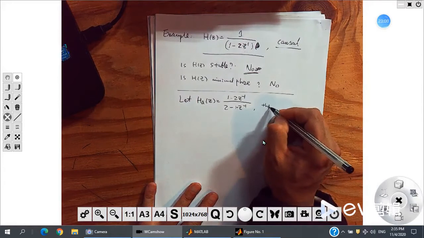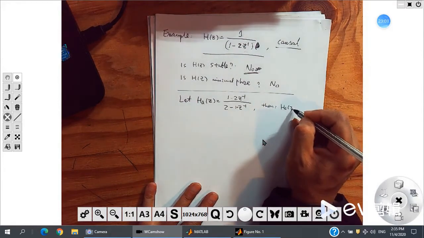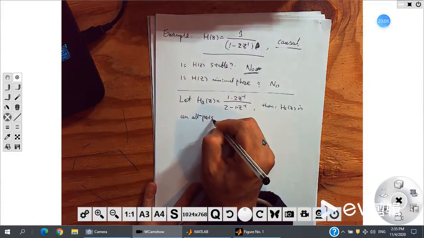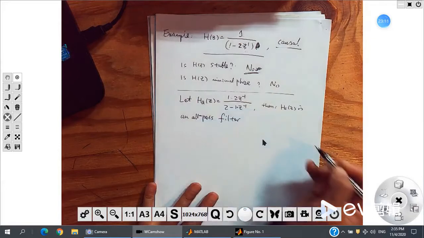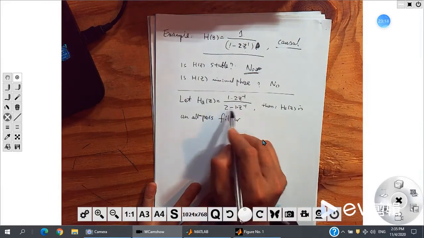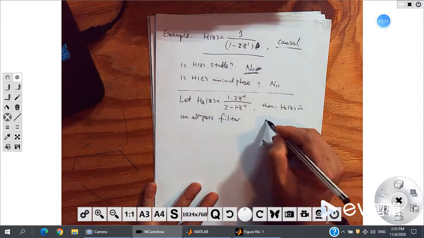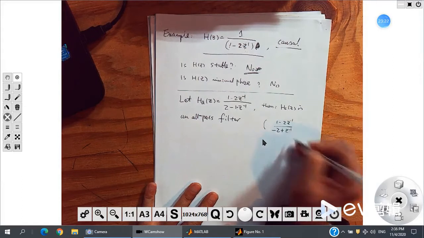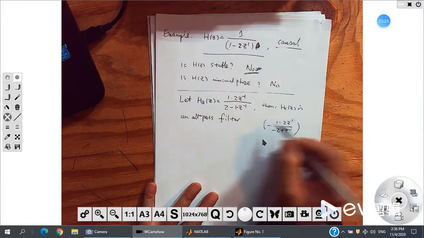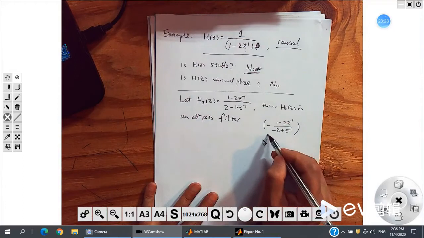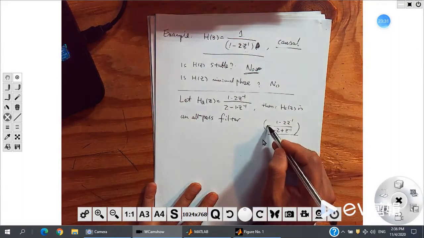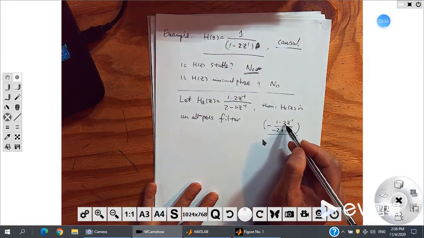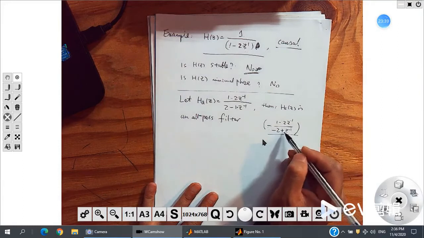Then I will say H_A(z) is an all-pass filter. Make sense? You change the order of these two coefficients: there will be 1 minus 2z to the negative 1 and negative 2 plus z to the negative 1, and I put the negative in front of it, then I get this one. So this is an all-pass filter: the coefficients in the numerator and denominator just flip the order.